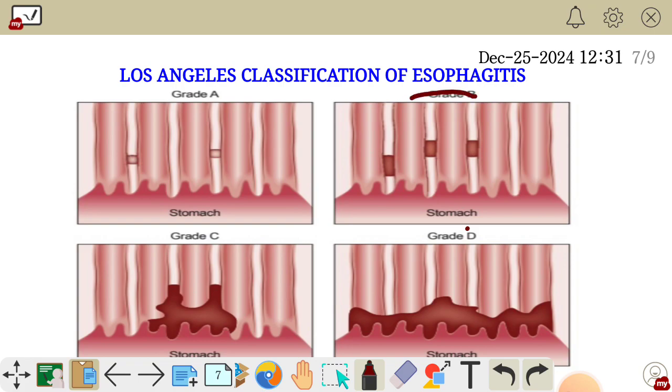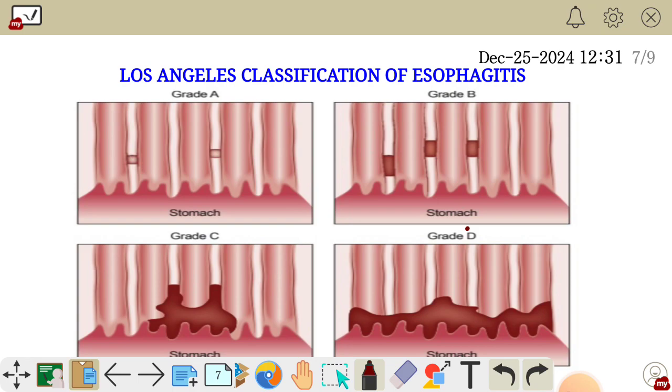And in grade B, the breaks are greater than 5 millimeters, and they do not cross the upper part of the folds. So they're just confined in the folds, but they are greater than 5 millimeters.